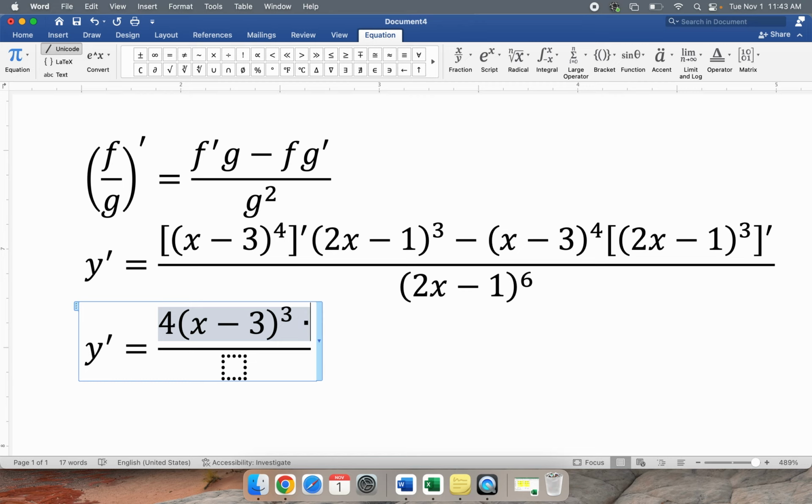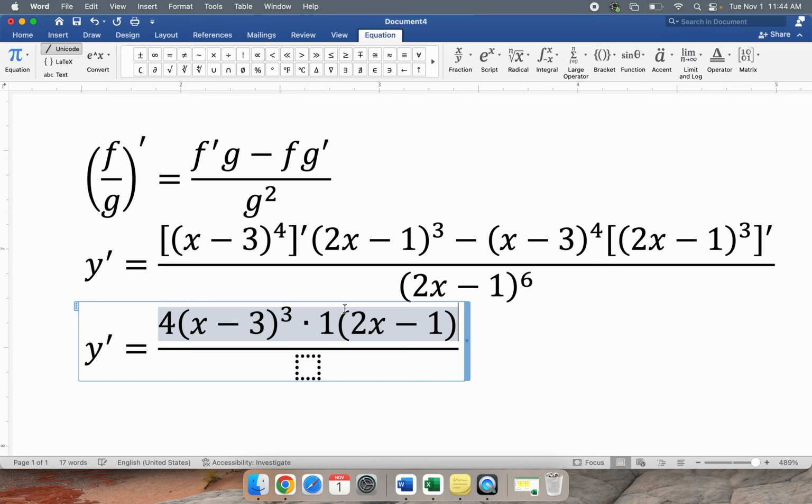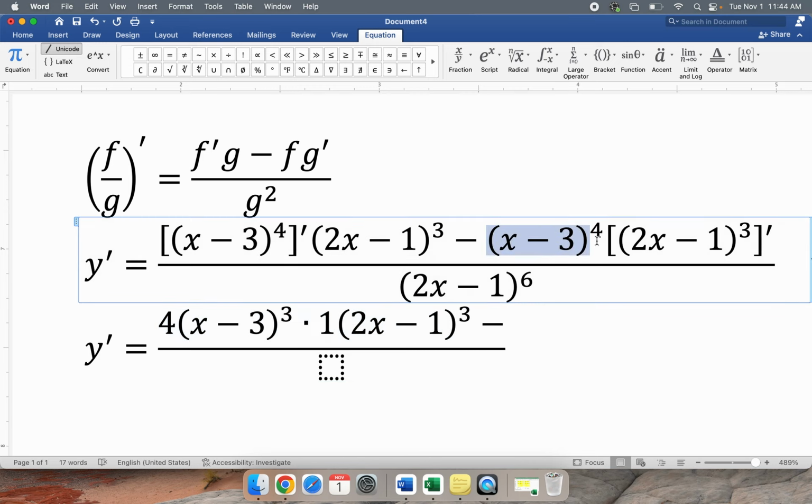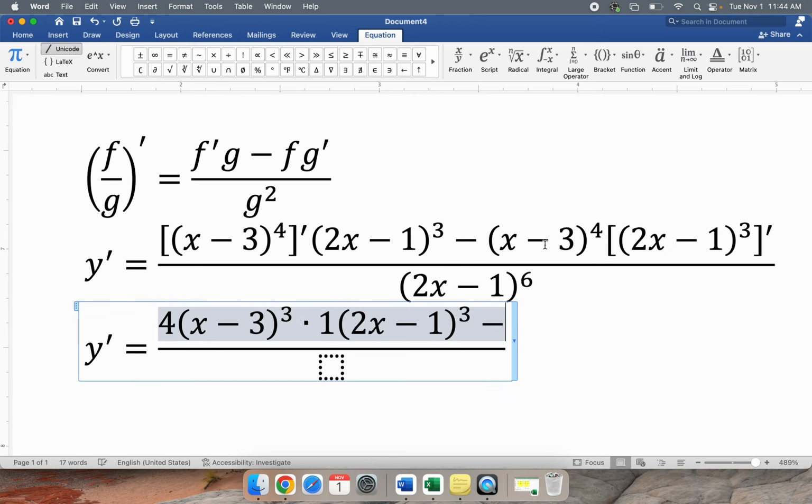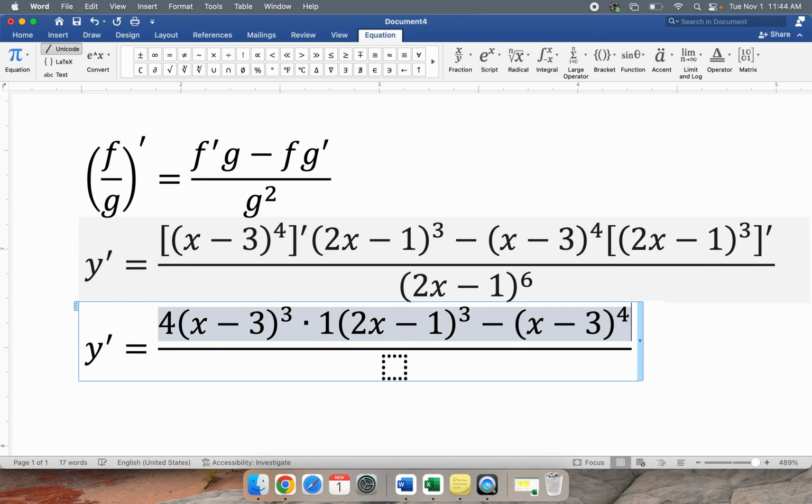But the derivative of the inside function here is actually just 1, right? The derivative of x minus 3 is just 1. So that 1's not really doing anything, but I wrote it anyway. Okay, times this guy just left alone, right? I don't need to compute any derivatives there, so I'll just copy it, minus, and then this guy, again, I'm just copying it, no need to take any derivatives, x minus 3 to the 4th.